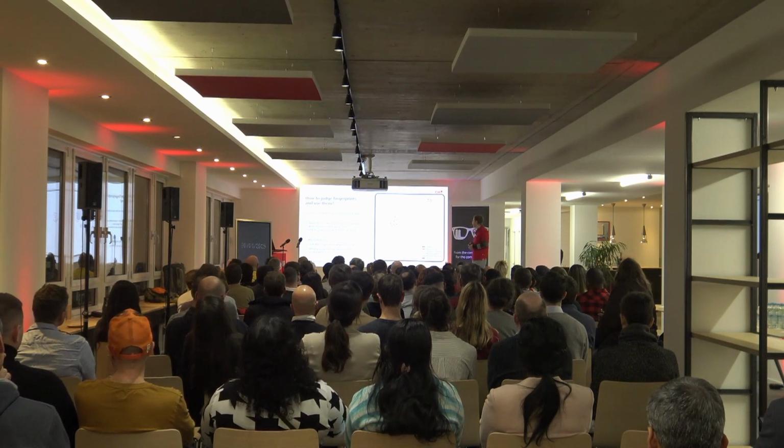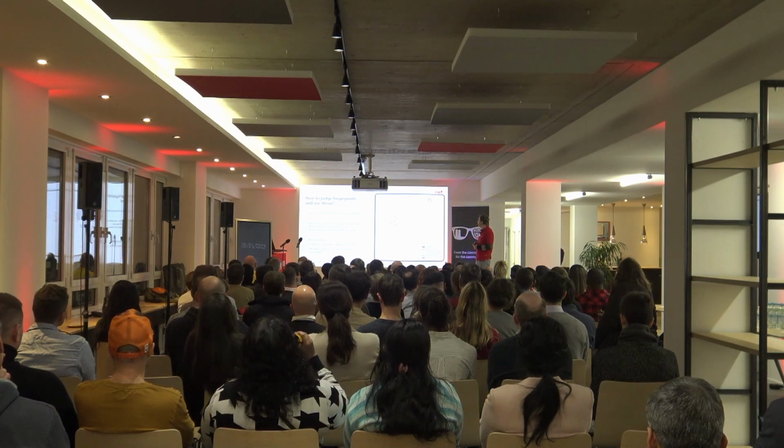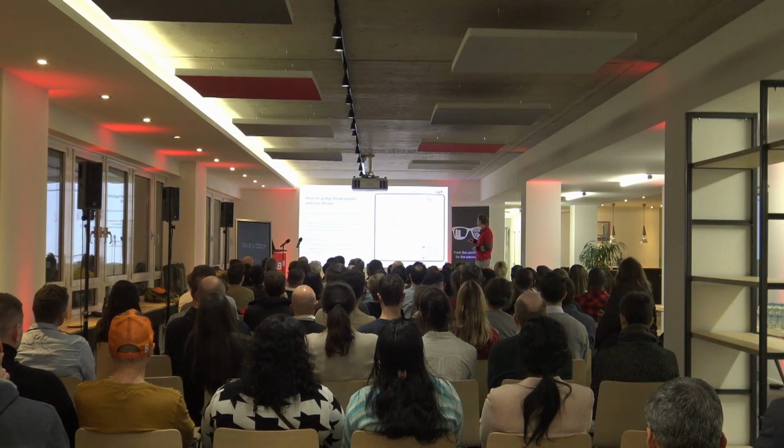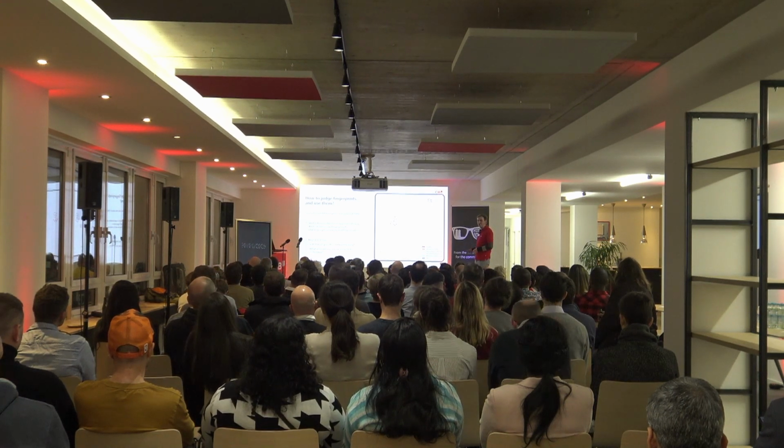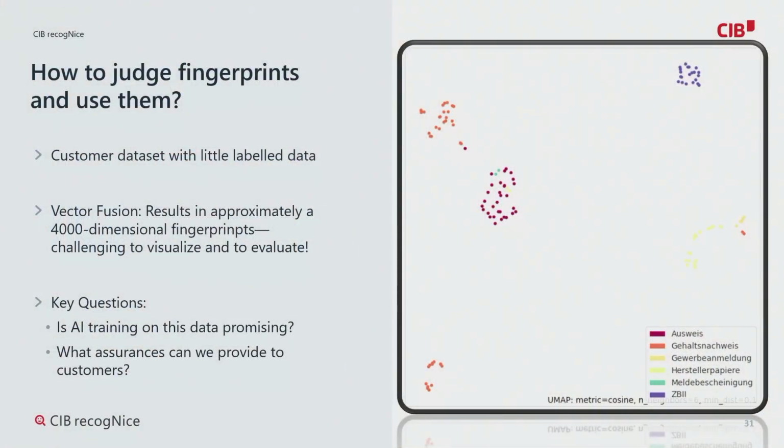So I calculated these features for these different types of documents. And you can see each of the colors here represents one of the types of documents that is used. For example, Ausweis, it means DNI or something like that. Gehaltsnachweis is a salary statement. ZB2, it's a car registration document.